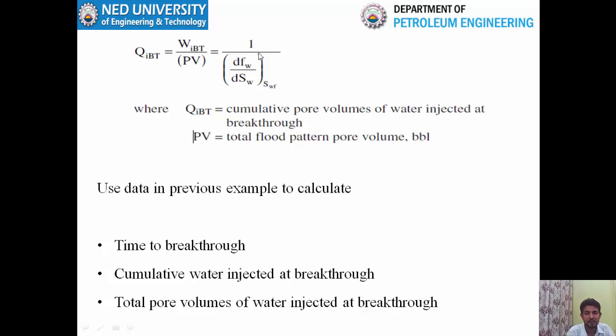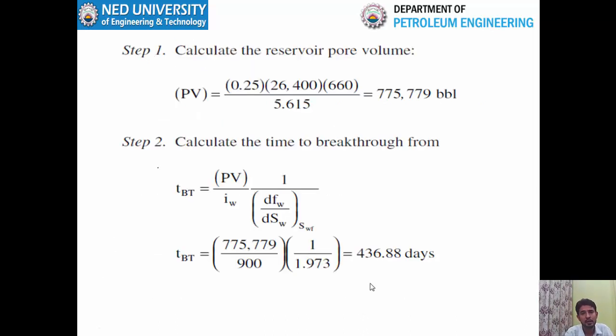So these are some more examples of the fundamental frontal advance equation: you can calculate the time to breakthrough, the cumulative water injected at breakthrough, and the total pore volumes of water injected at breakthrough. The equations are given to you, and you know how to calculate the slope at SWF.